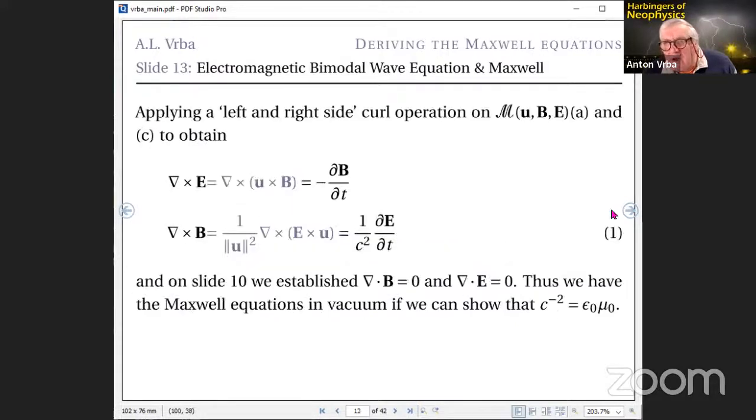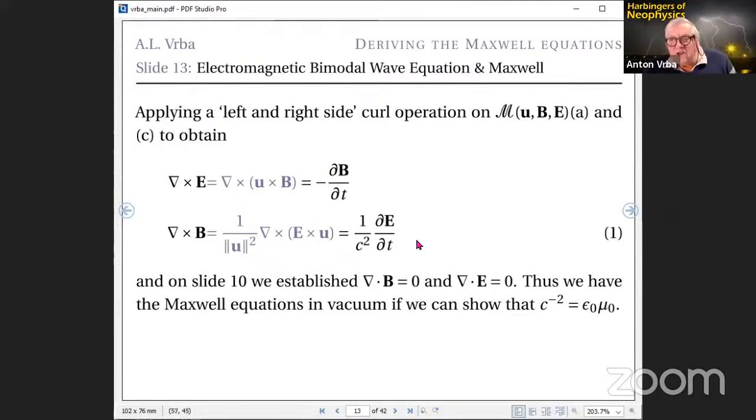And if I show it to you here, I now have the Maxwell equations as the curl of E equals minus dB dt, and the curl of B equals 1 over c squared dE dt. We've already established that the divergence of B and the divergence of E is zero.